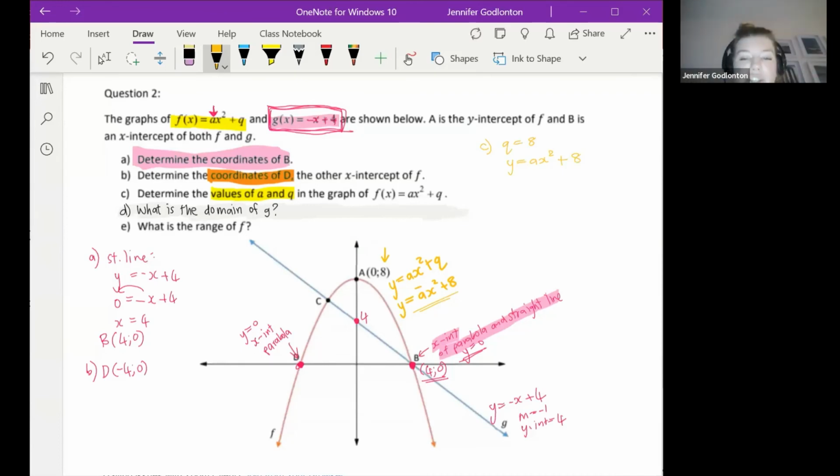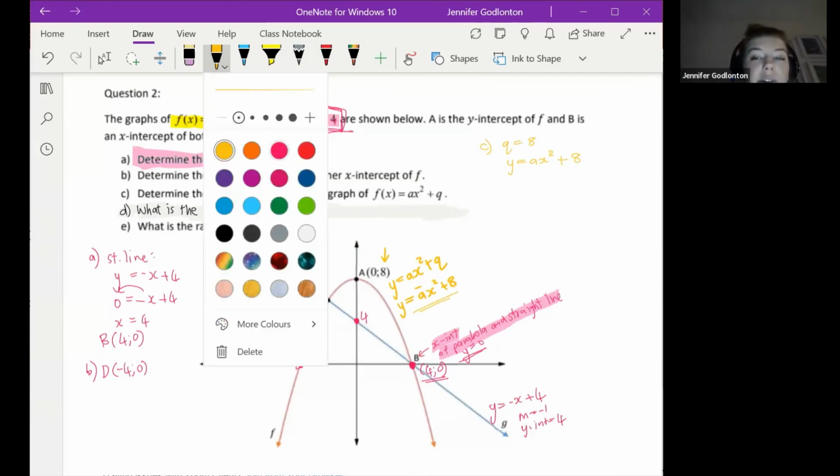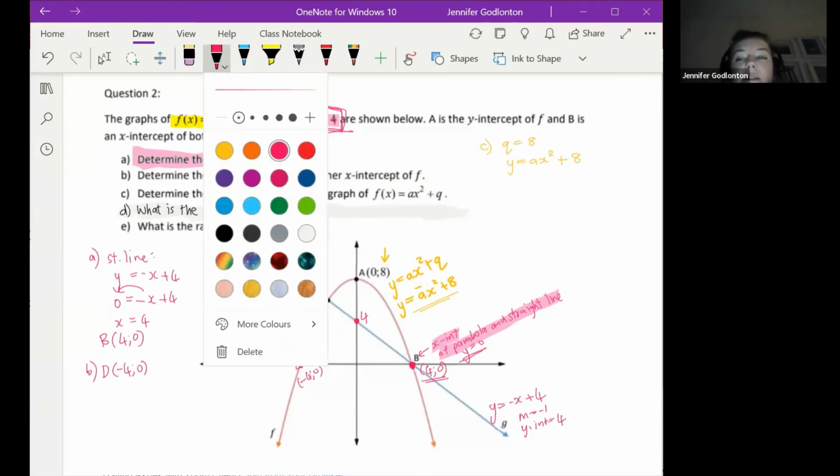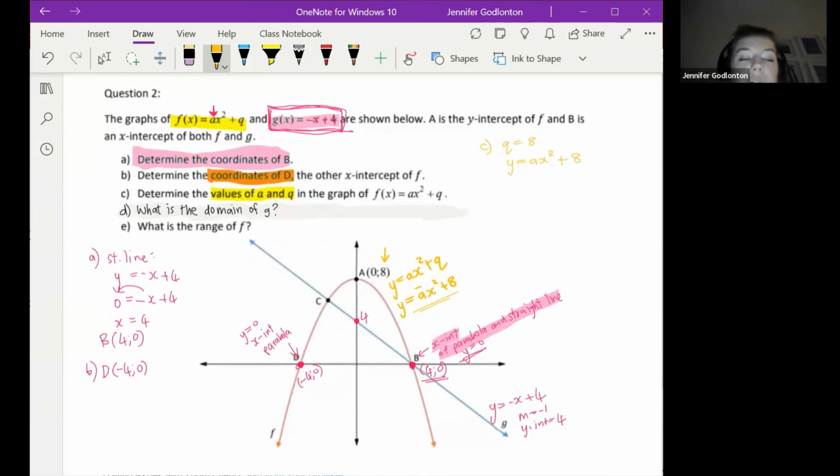Who has a suggestion of how we can find what A is now that we have done all of this other work? How could we go about finding what A is? What can I do from here? I'm open to all suggestions. Yeah, so we're definitely going to be using our parabola.